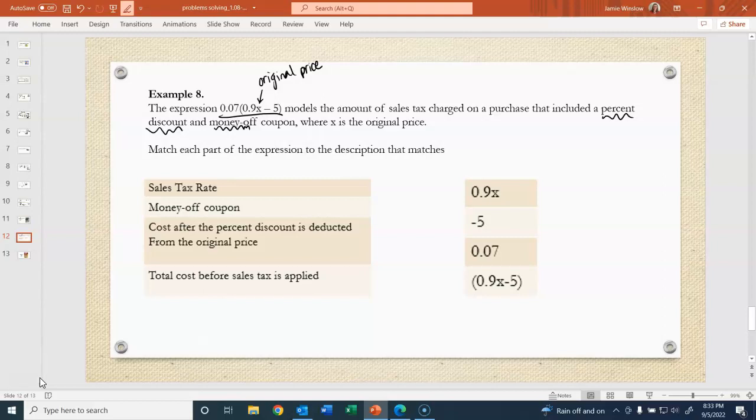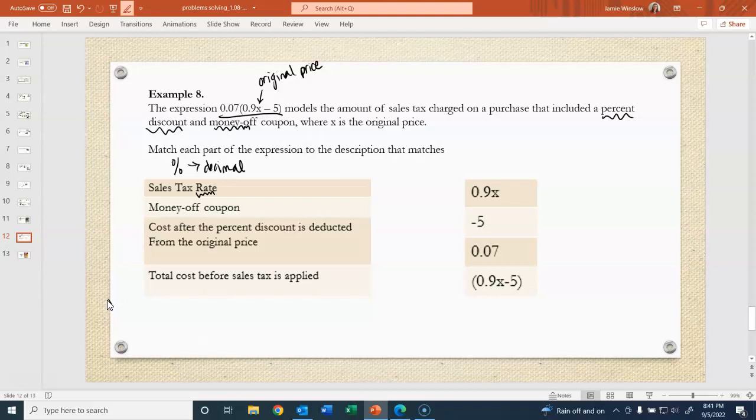All right, so let's use some clues in this problem to help us. Let's read through these. Sales tax rate. You'll remember from previous math courses, sales tax is always written as a percent that we have converted to a decimal, and you multiply it by the cost of the item. So if you're going to pay sales tax, you're going to pay it on your entire purchase.